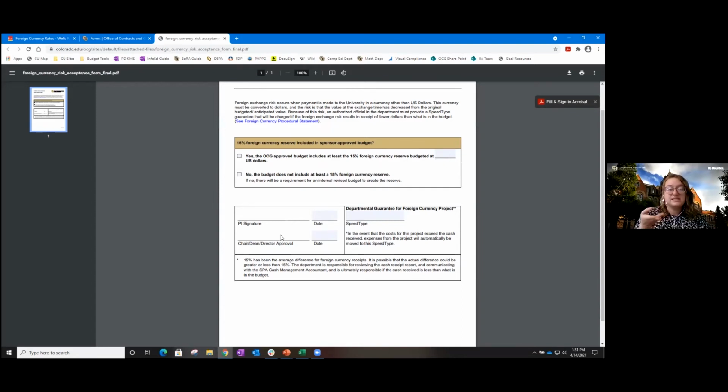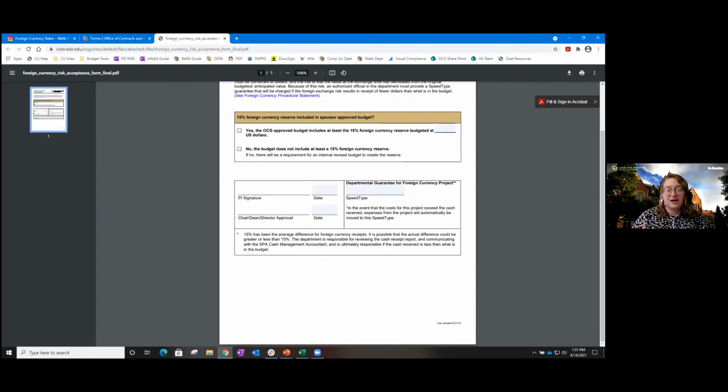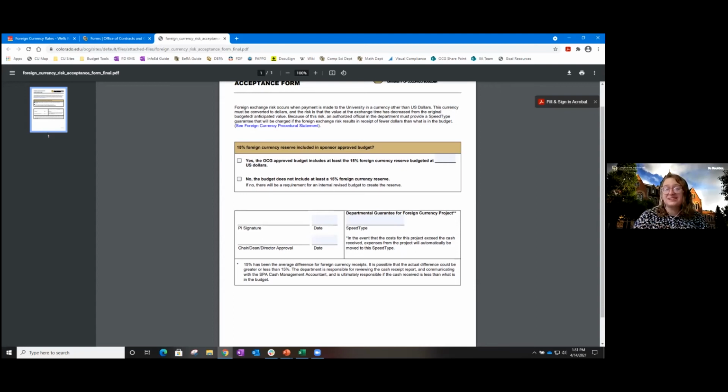And then we need a speed type that will cover any discrepancies. So if the exchange rate changes wildly, more than the 15% can accommodate, we need to know that the scope of work can still be done because we're making a legal commitment to our sponsor that we will complete a certain amount of science for them.